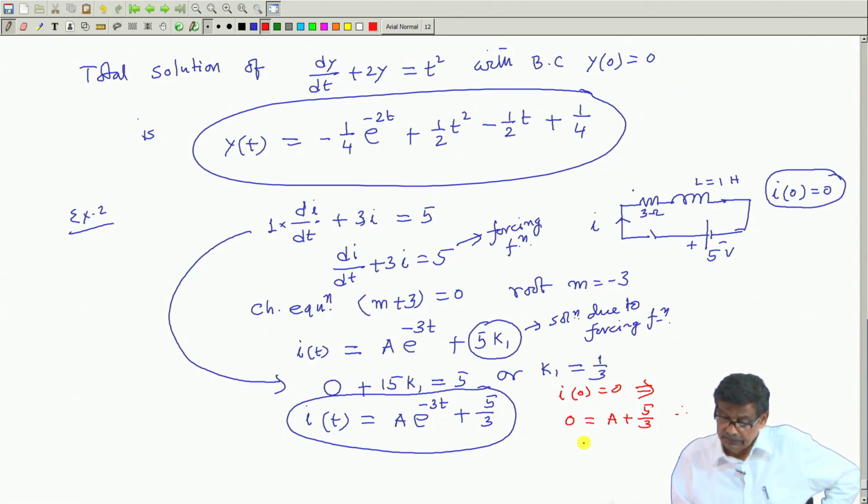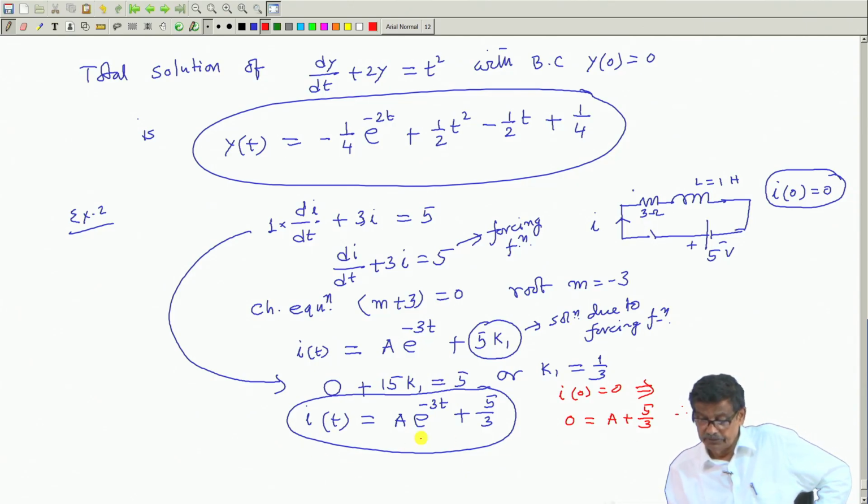This is the solution up to this, correct? k1 is 5 by 15, 1/3. So, at t equal to 0 it will be a plus 5 by 3. Therefore, a is equal to minus 5 by 3.